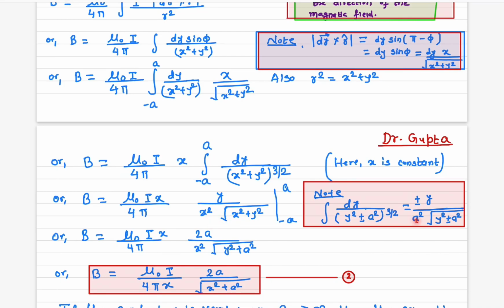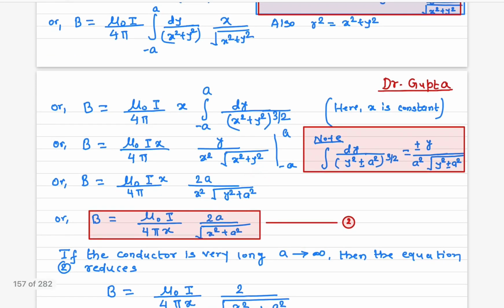So instead of a, we have x here, so just plug in x instead of a, and the rest is exactly the same. All right, and I just plug in all the values here, a and negative a.